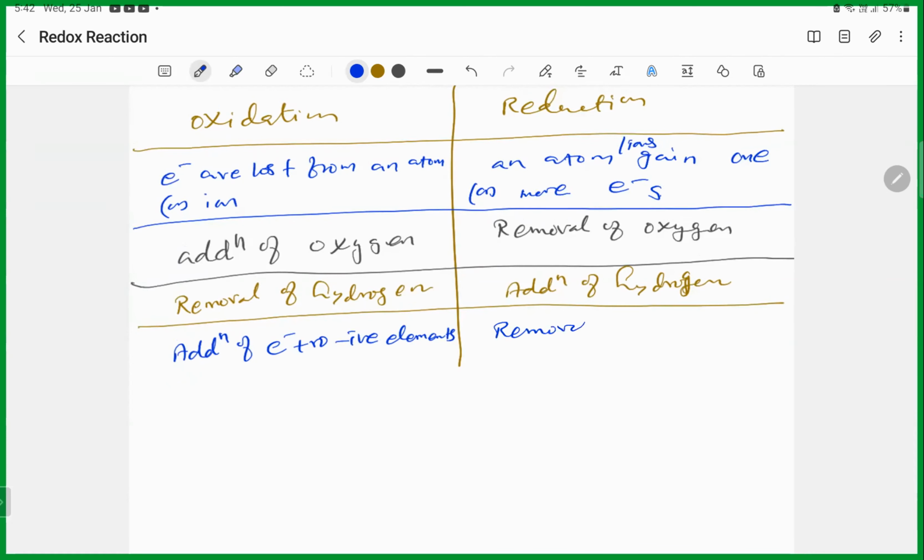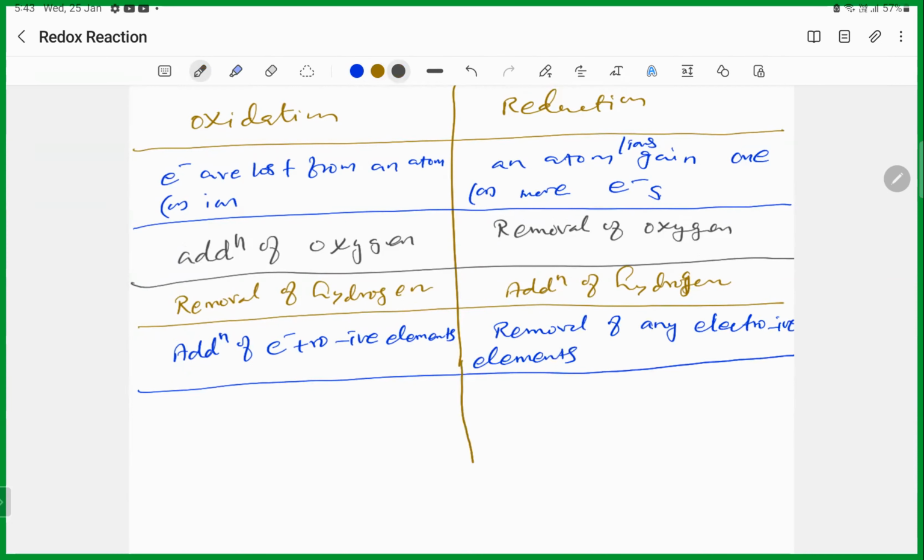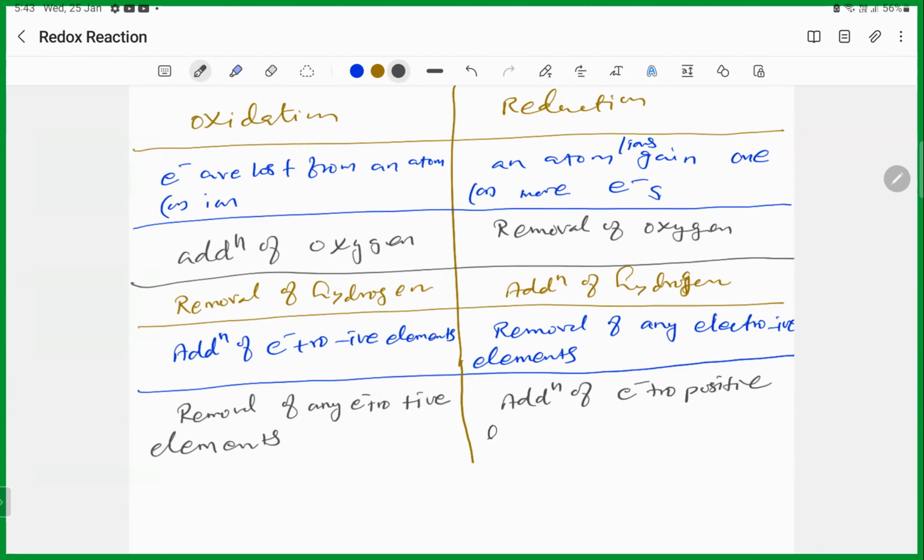Removal of electronegative elements. Instead of removal of electropositive elements, addition of electropositive elements.